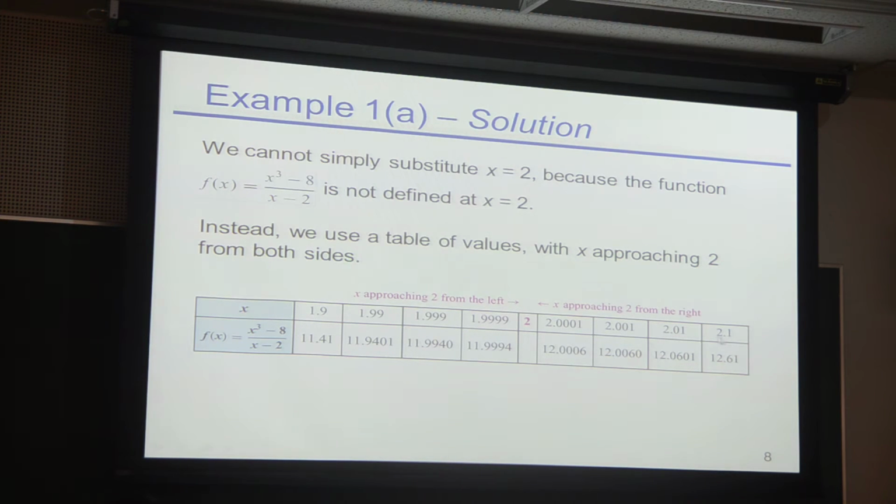So if from this side we got 10, and from this side we got 15, we just say the limit doesn't exist. But we'll still say one more thing: if from this side it was 10 and from this side it was 15, we'll say that the limit from the right is 10, and the limit from the left, no, sorry, the other way around.